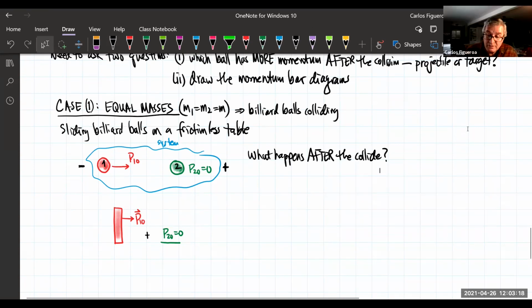Because the only way otherwise would be if billiard ball 1 were to burrow through particle 2. The answer is no. All I know is that this is my total momentum.